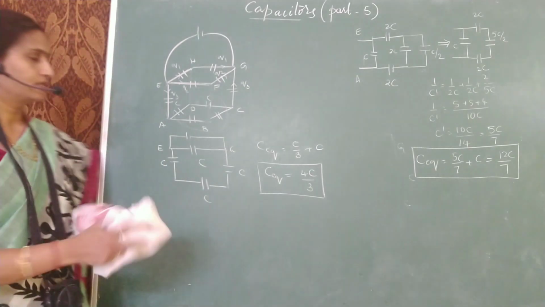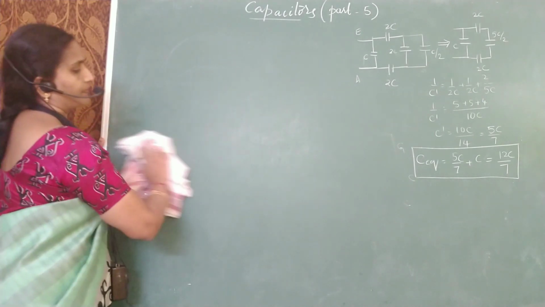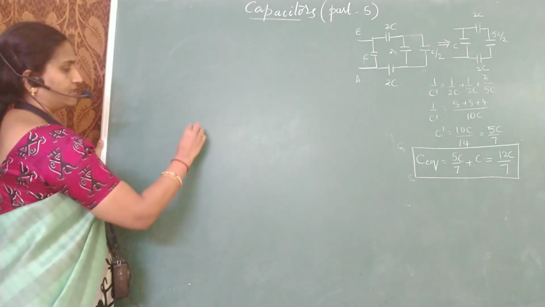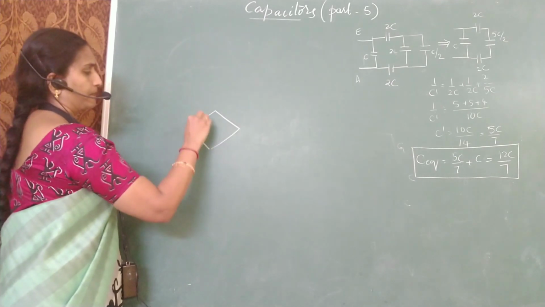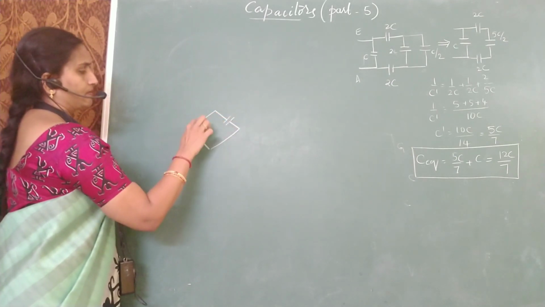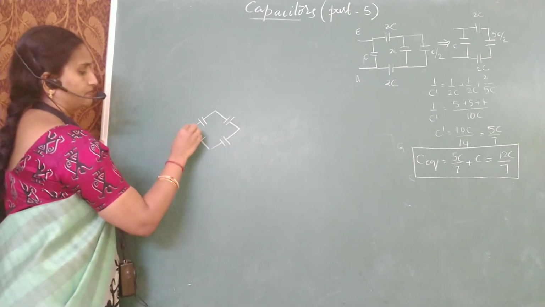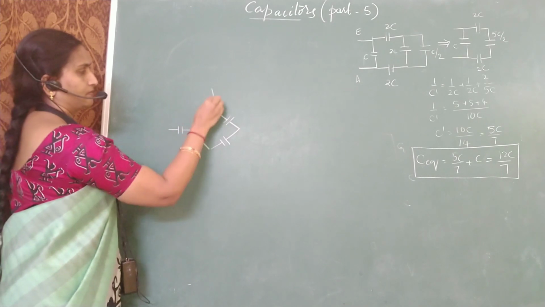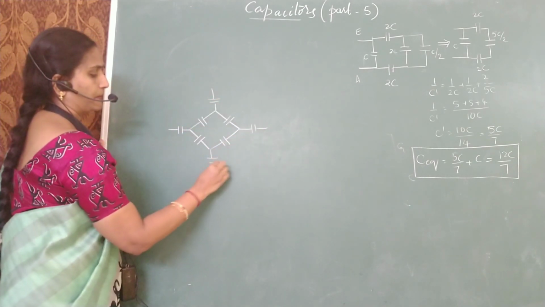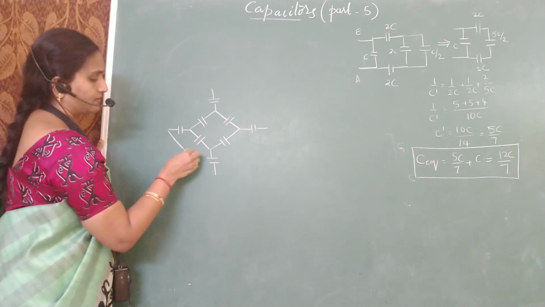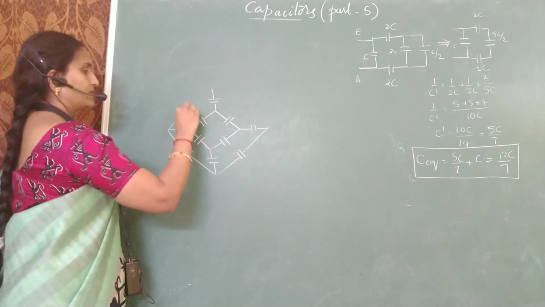And now, I'll give you one more question, try to answer it. Okay, there is a network of capacitors as shown below. All these are capacitors of equal capacitance.